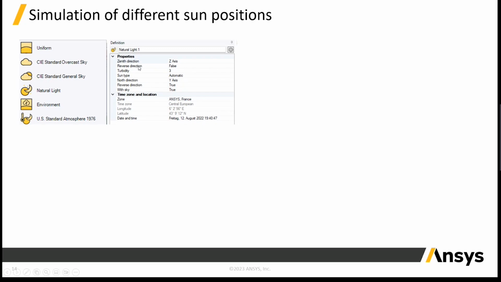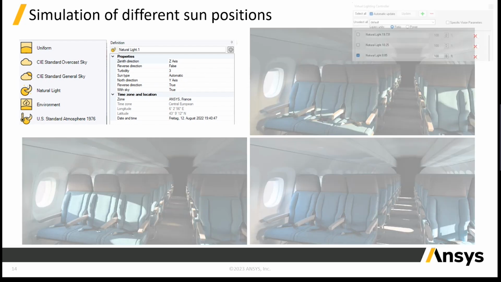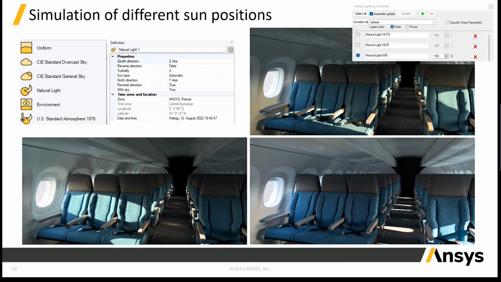And in this example, I used the natural light, and there you can set different properties such as direction, turbidity, time zone, and locations. You can set up several types of it and simulate it in one simulation.